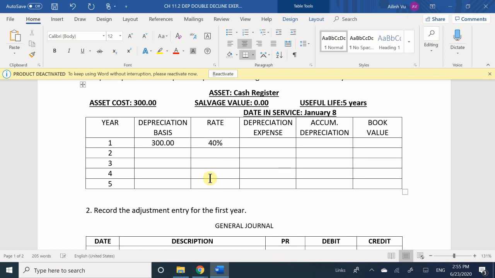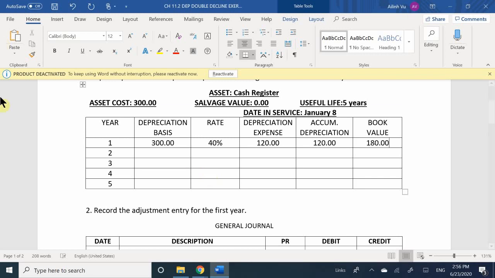So what is our depreciation expense now? 120. Yes, 120. And our accumulated depreciation is? 120, the same as the first year. Good. And what is our book value now? 180. 180 is correct.